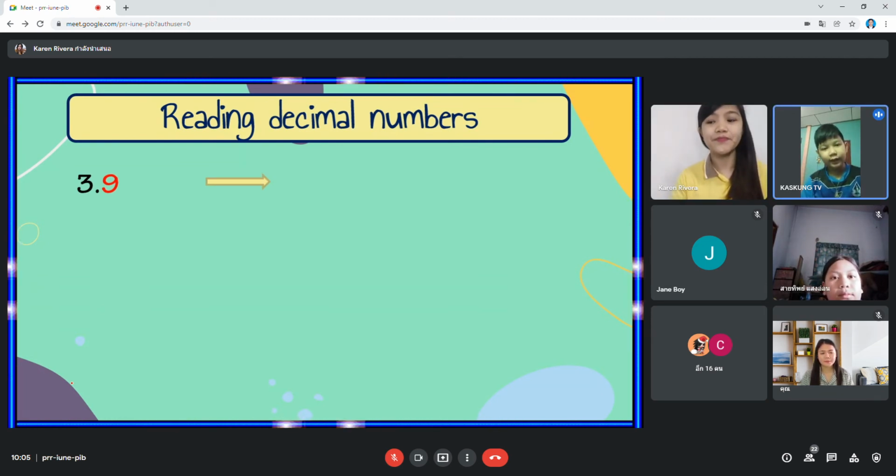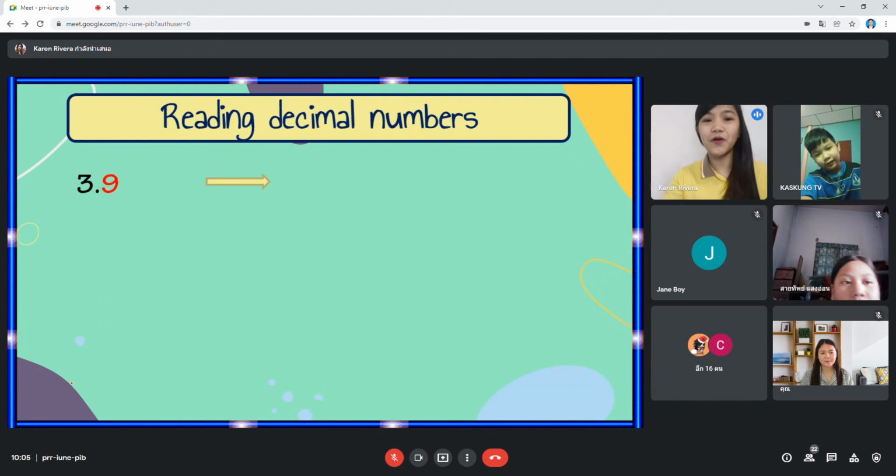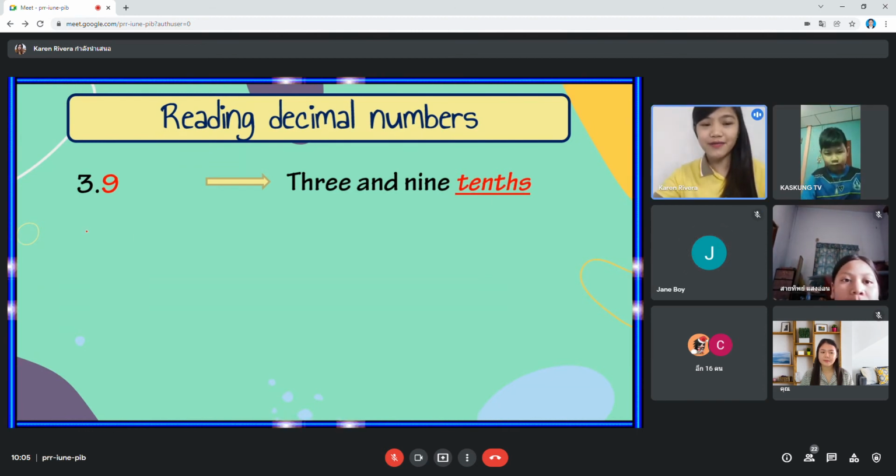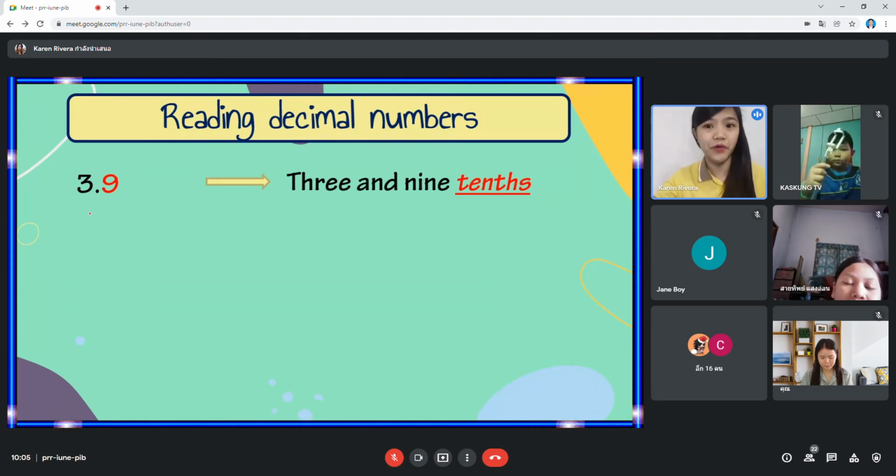Louder. 3 and 9 tenths. Okay, can you read it? 3 and 9 tenths. Is Kasanapon correct? Yes. So Kasanapon, 10 points.